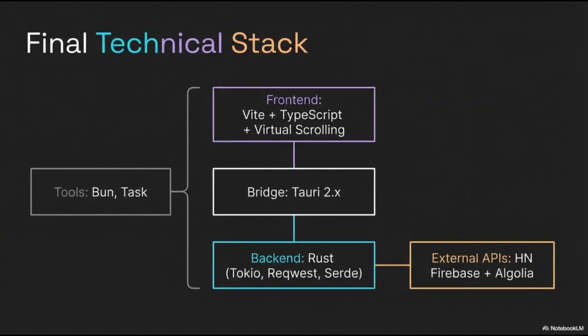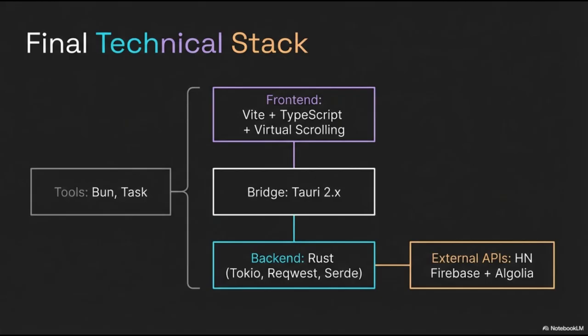The final technical stack is structured to prioritize performance and type safety across every layer. Starting with the front end, we are leveraging Vite and TypeScript, with virtual scrolling integrated to ensure smooth performance when handling large lists. Serving as the bridge between our front end and the native environment is Tauri 2.0, which allows us to maintain a small footprint while providing deep system access.